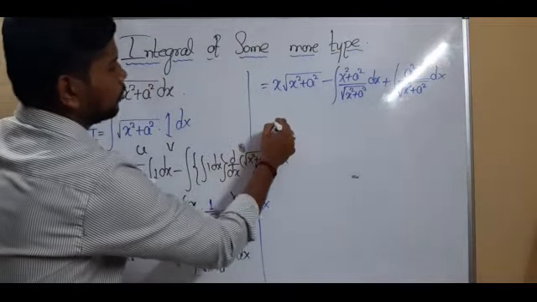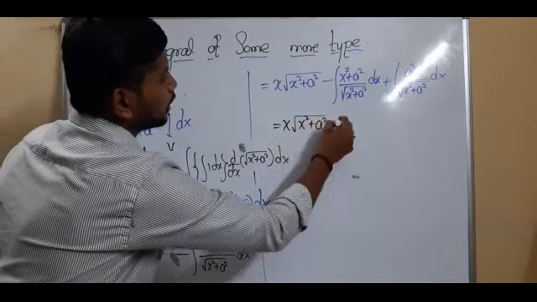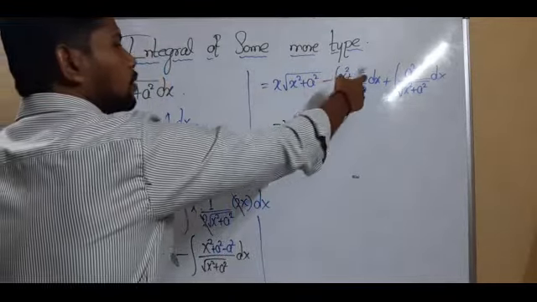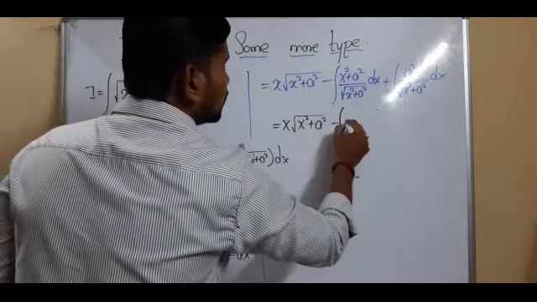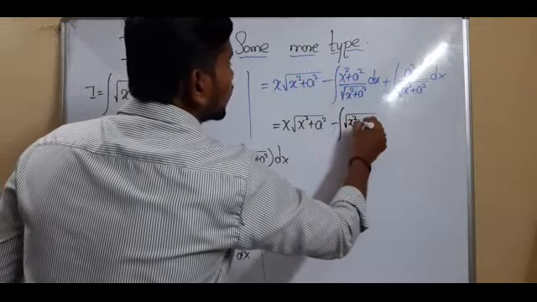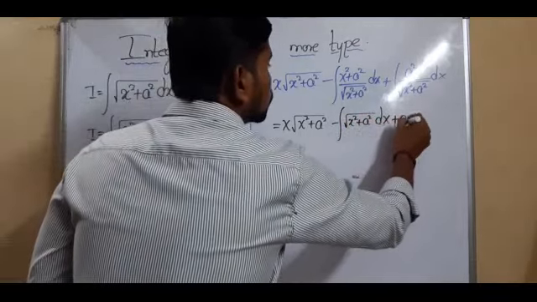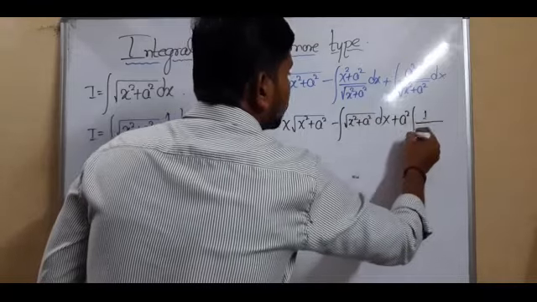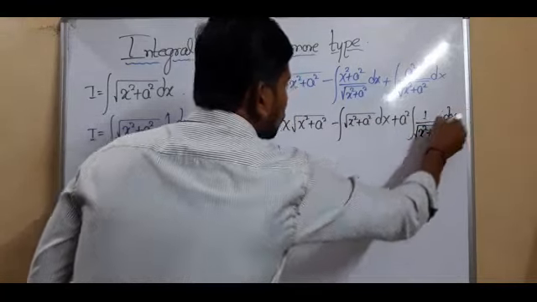Now the next step will be x square root of x square plus a square minus, in the numerator x square plus a square, in the denominator square root of x square plus a square, means the leftover term is square root of x square plus a square into dx, plus a square outside, the integral of 1 divided by square root of x square plus a square into dx.